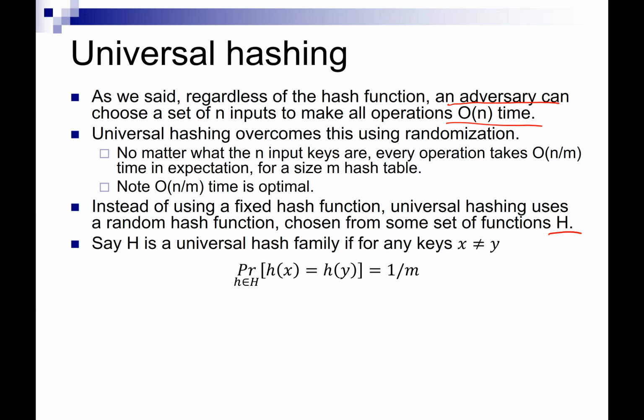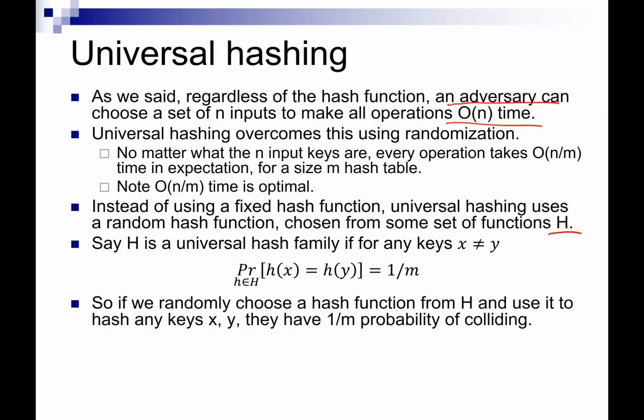This is the best possible, because each of these things is going to go to one of these m possible locations, so the minimum collision probability is 1 divided by m. And the universal hash family is going to achieve this if you pick a random hash function out of this family.